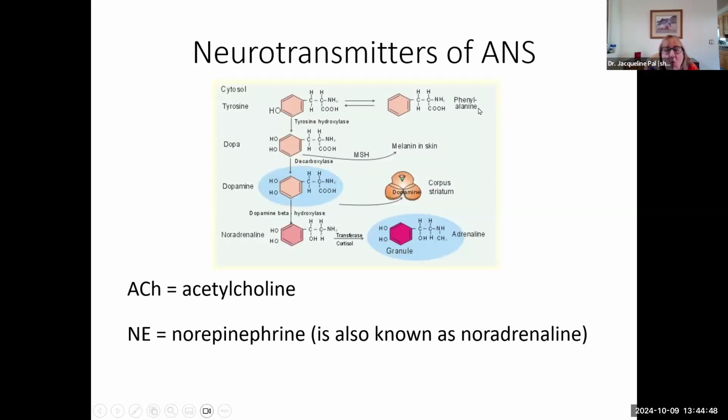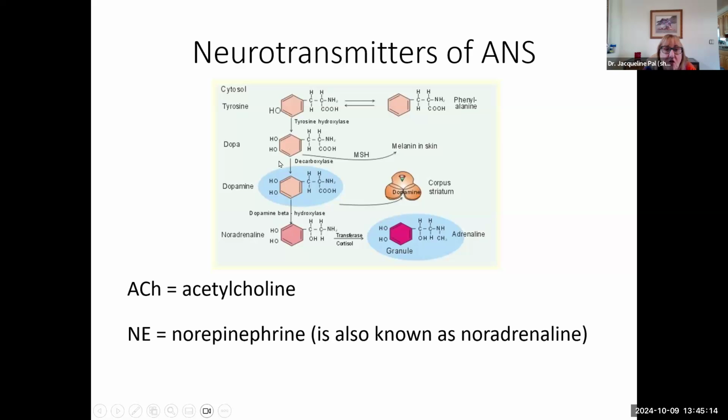We can start with proteins. And from these proteins, they make a substance called DOPA, which I know you don't know what this is, but DOPA actually can be used to make melanin in your skin, okay? DOPA is the hormone that when the sun hits, the melanocytes make the melanin in your skin.